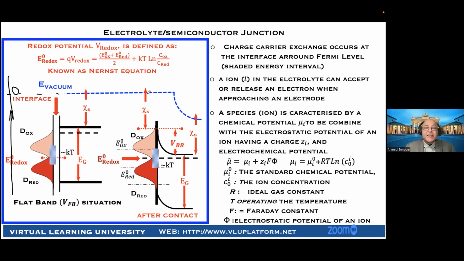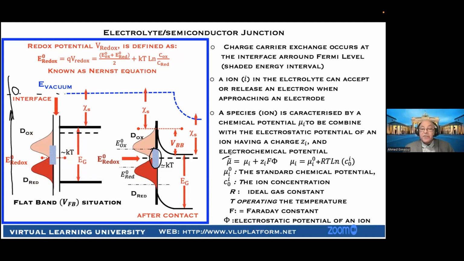And I represent here the electron affinity and the band gap of the semiconductor. And this region here will be the exchange between the electrolyte and the semiconductor. That's the way a physicist tries to understand the phenomena. And of course, there is a relationship between chemistry and physics.